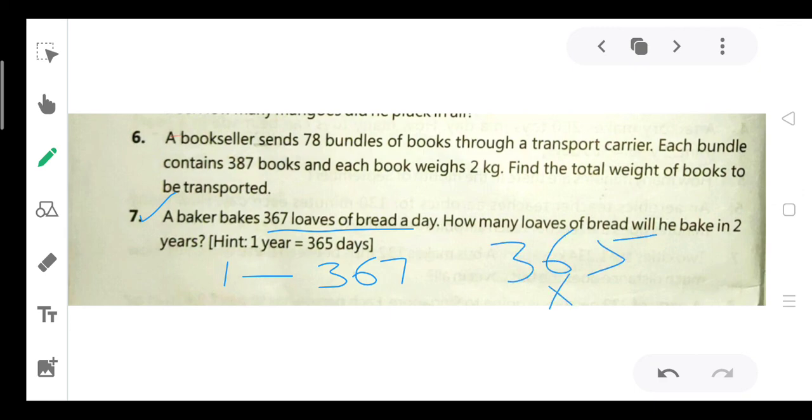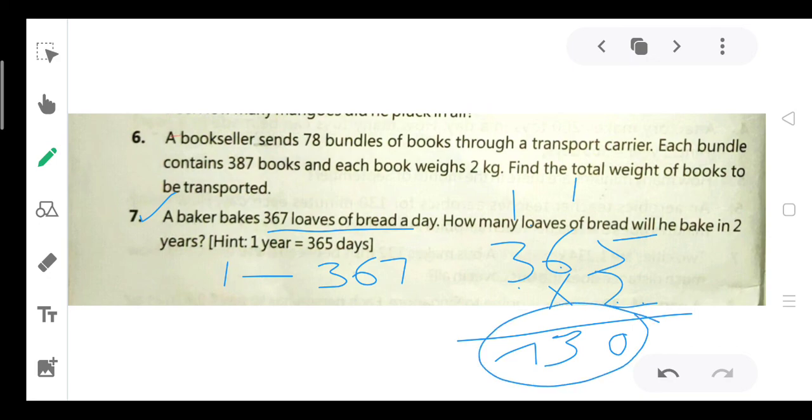For 2 years, you will multiply it by 2. 5 2s are 10. 6 2s are 12 and 1, 13. 1 goes here. 3 2s are 6 and 1, 7. It means in 730 days how many breads will be baked, that we have to find out.